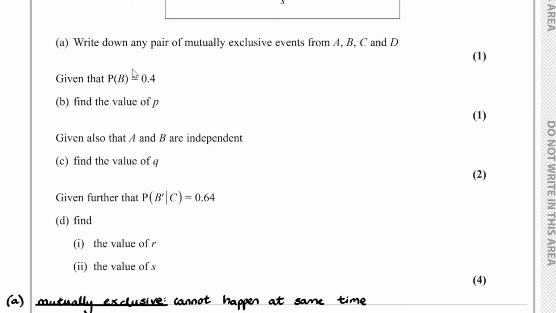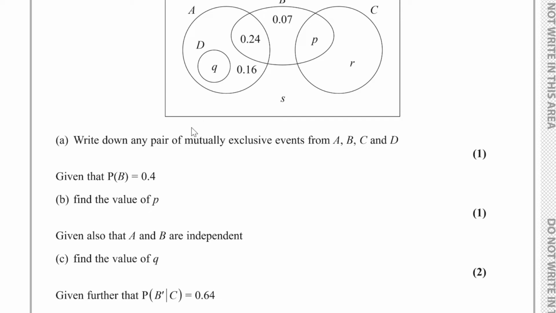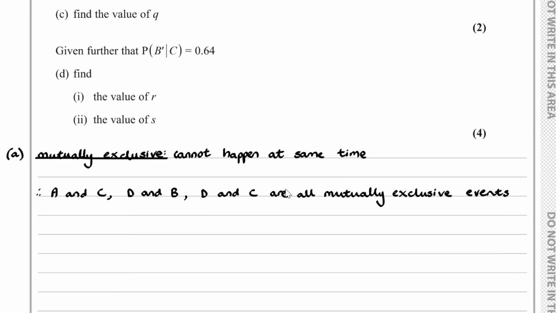Part B of the question, given that the probability of B is equal to 0.4, we have to find the value of P. So what this means over here, all these different values must add up to 0.4. So, for part B, knowing that the probability of B is equal to 0.4, we have the 0.24 plus the 0.07 plus P. This is equal to 0.4.